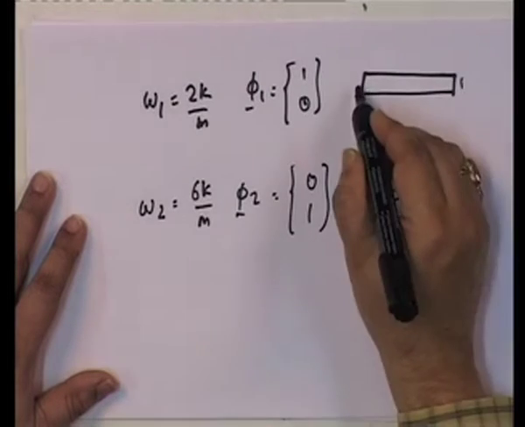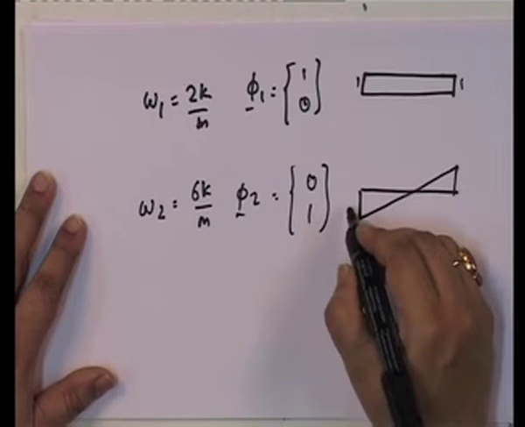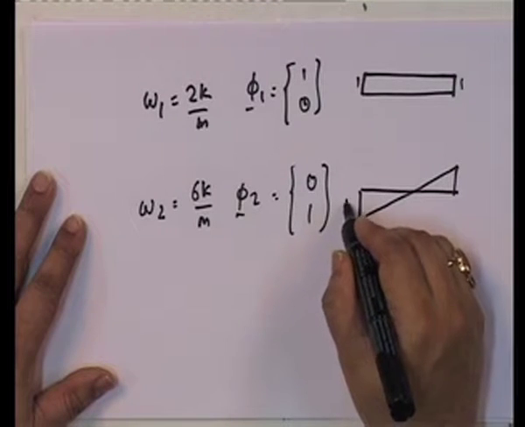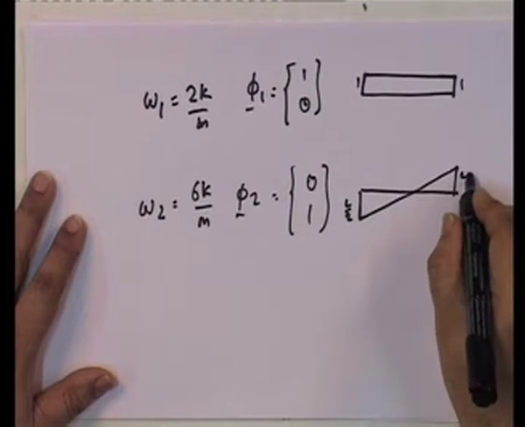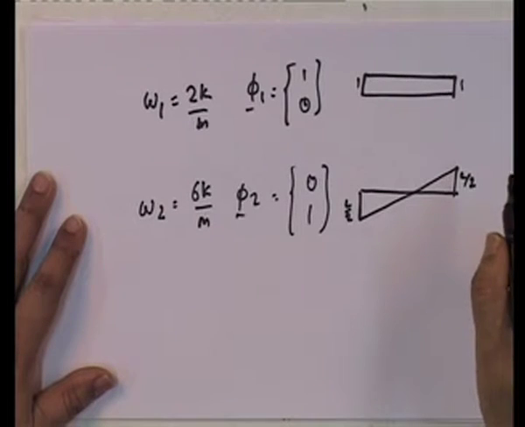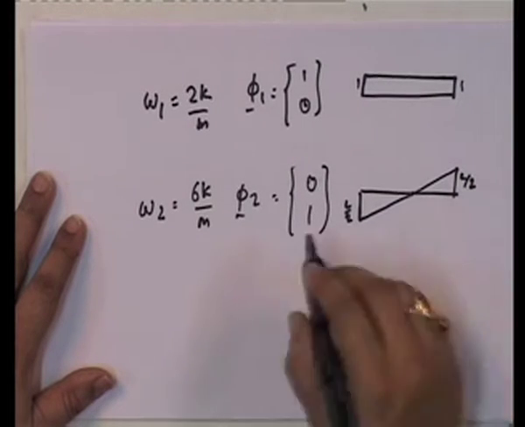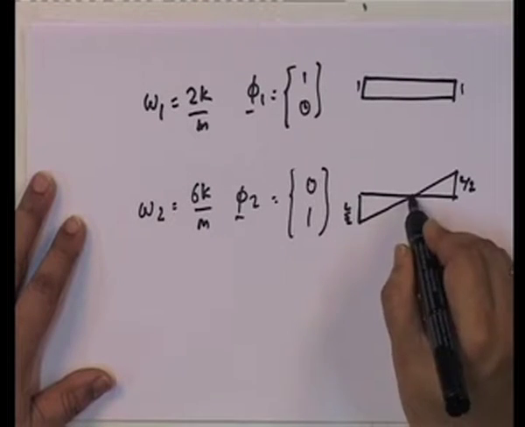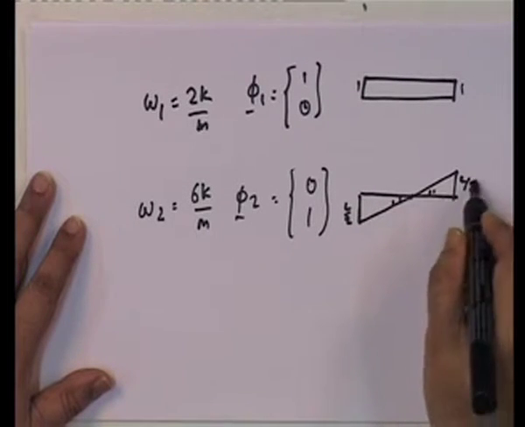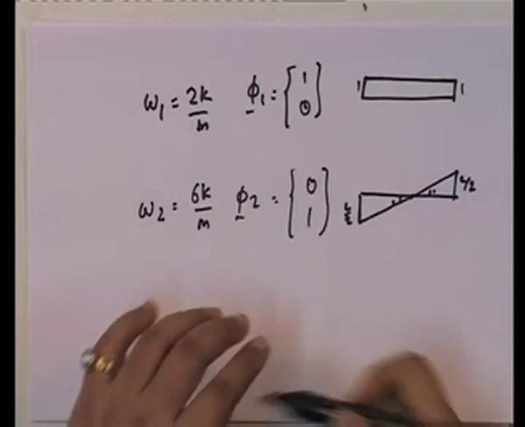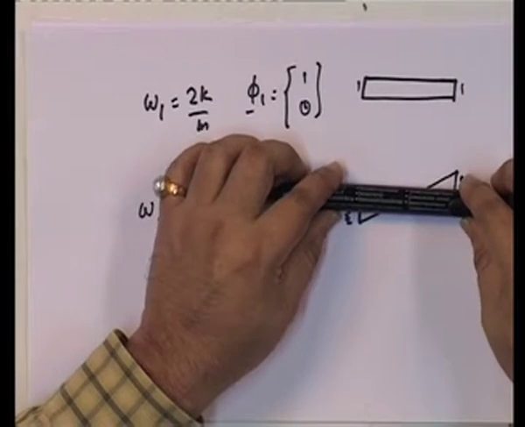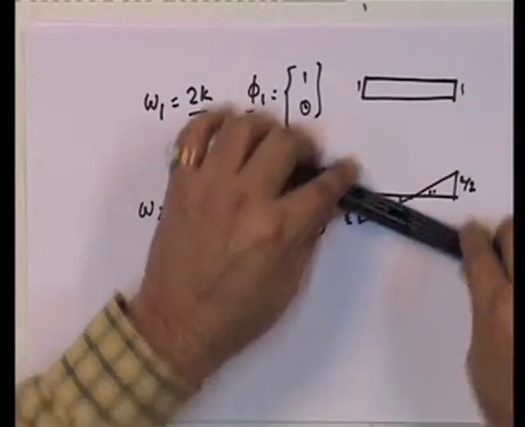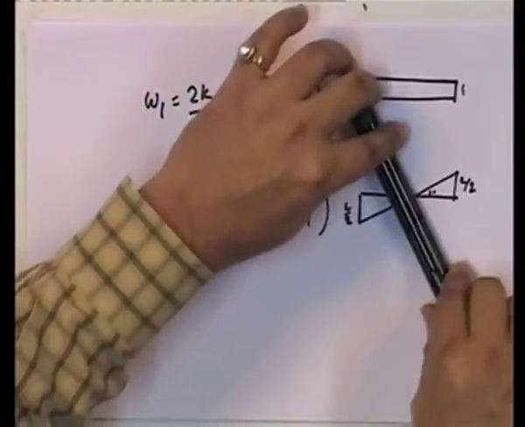So, this one is like 1, 1 and this one is like L over 2, L over 2. But if you look at L over 2, what does that mean? All that means is that if this is unity, these are L by 2. So, what kind of a vibration are we looking at? About the center, it's going to do this only.